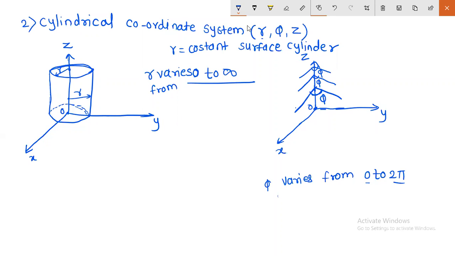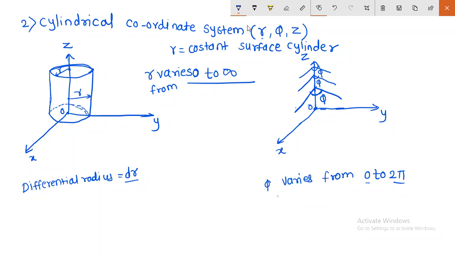What can be the small differential radius? If I consider a small differential radius, that will be equal to dr. If I want to change it by a very small value, then it is equal to dr.